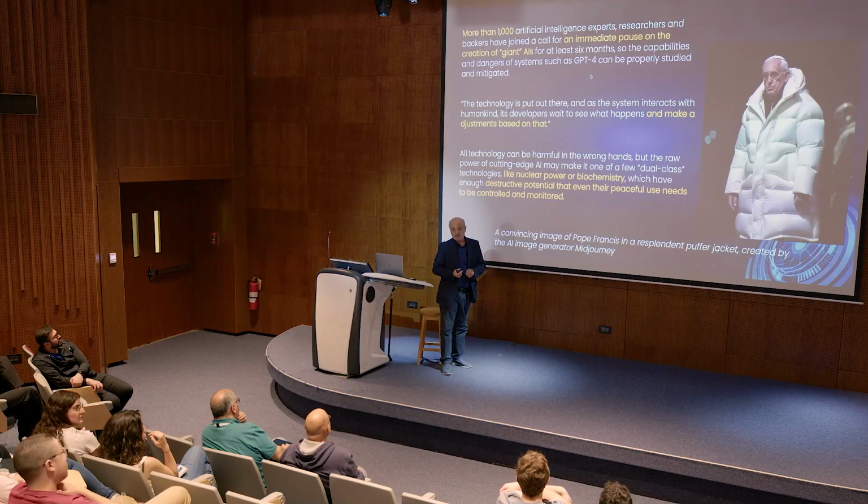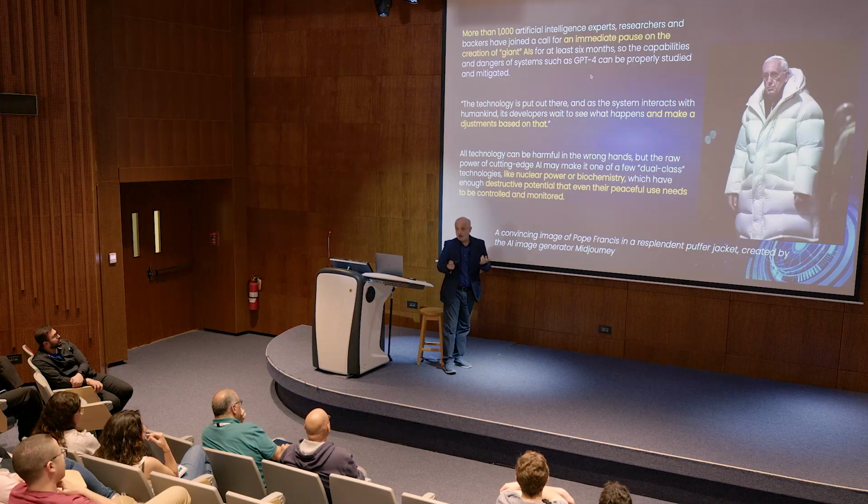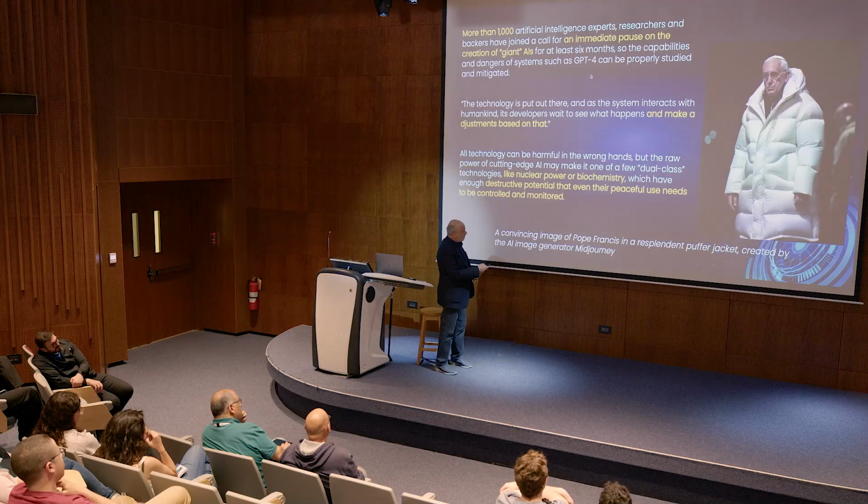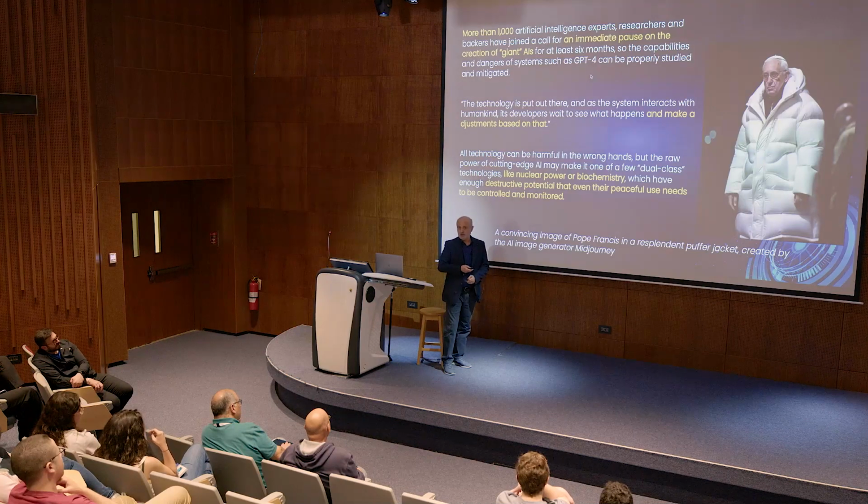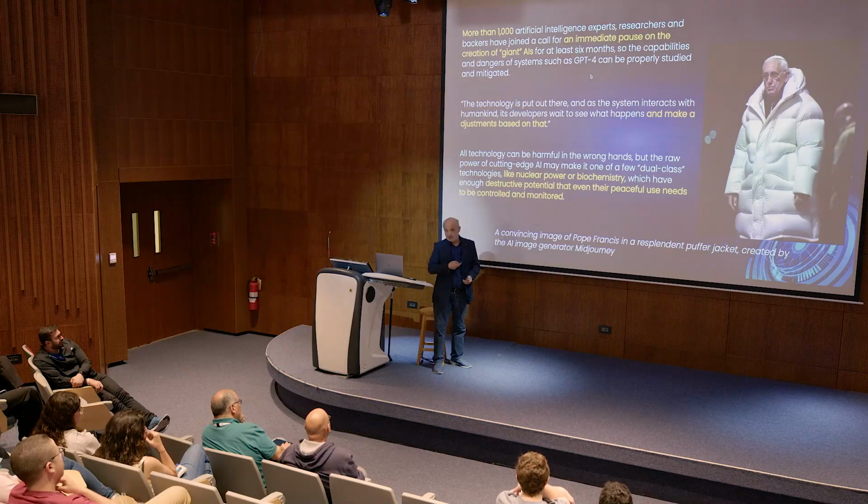They see this as dangerous as nuclear weapons. The people proposing this are comparing these AI large language models to people trying to create a digital god in some sense. They're also saying it's one of the dual-use technologies like nuclear power or biochemistry, which means even the peaceful use of it needs to be regulated. This is how dangerous they see it.